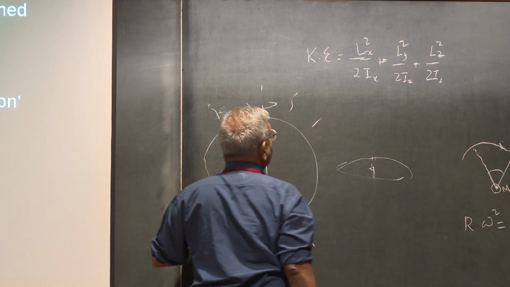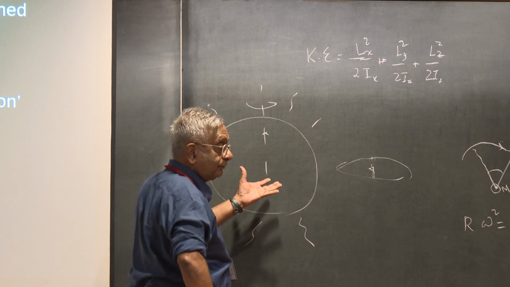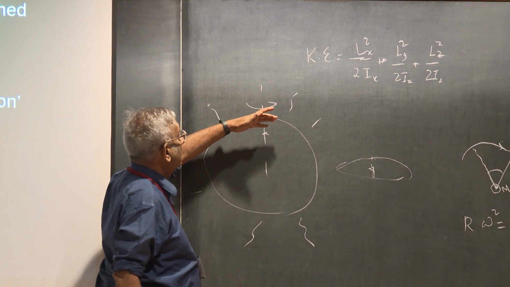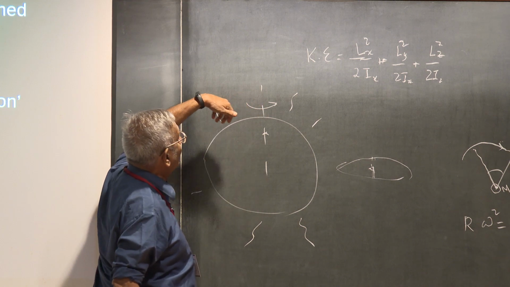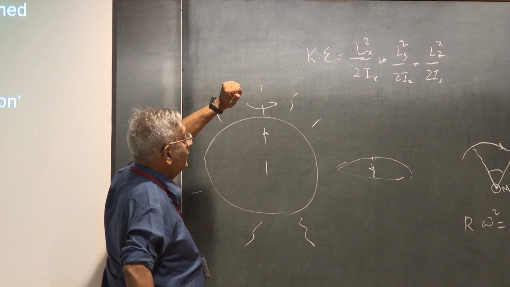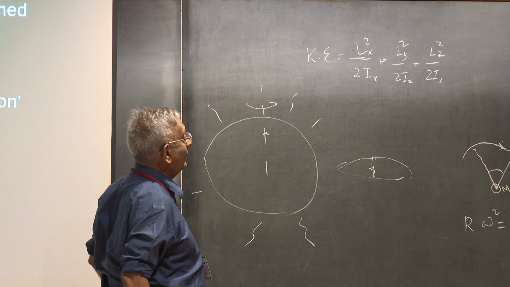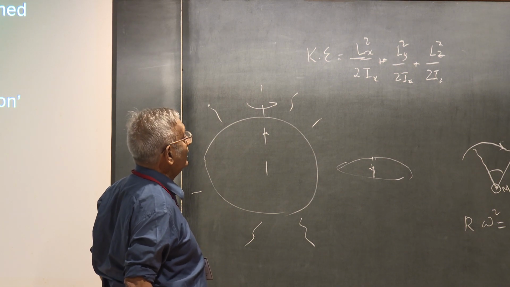Now the way I have set things up, let us say the total angular momentum is on the z axis. So, that is definitely there, but you want to shrink, right.